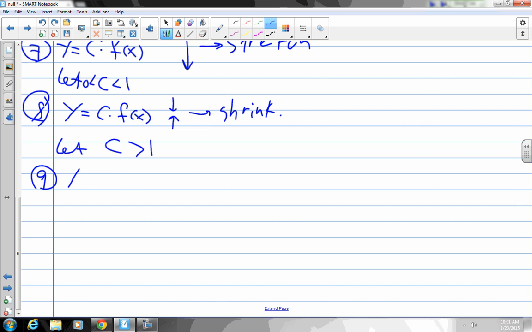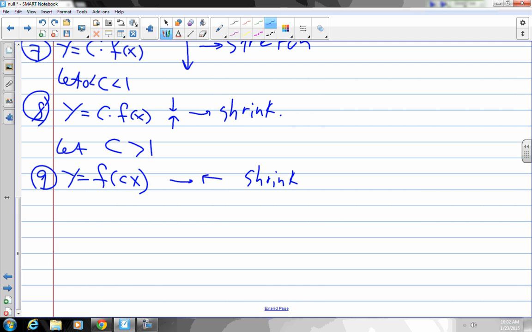Then if you want to do y equals f of cx, you're multiplying the x, you're messing horizontally, so things are counterintuitive. If you multiply by bigger than 1, things will actually shrink horizontally. Things will get smaller, tighter.